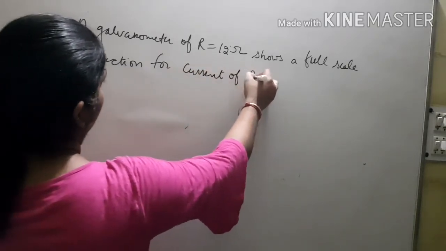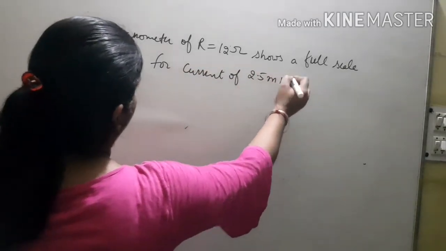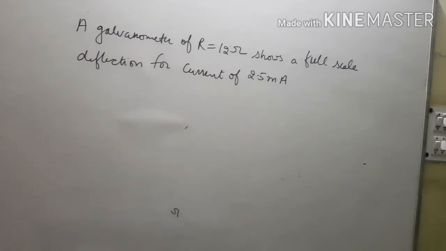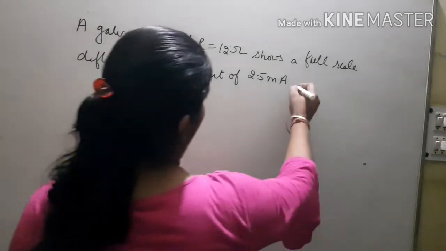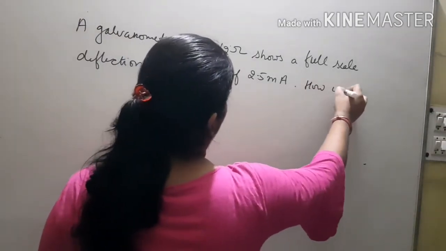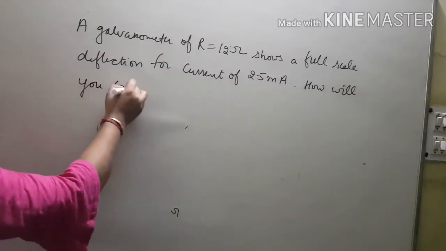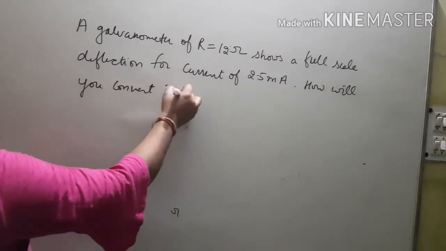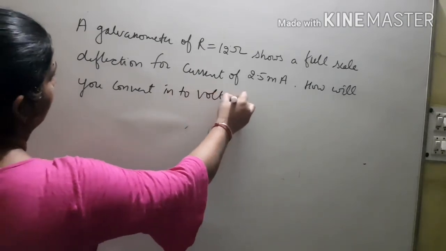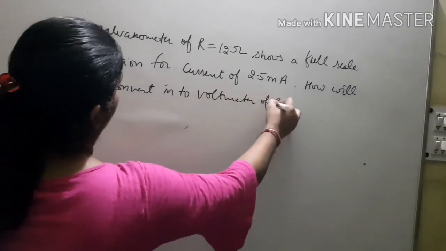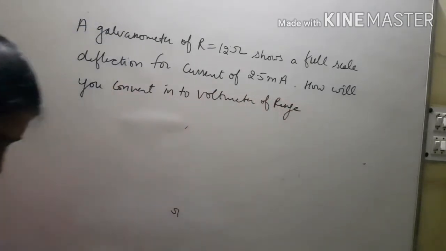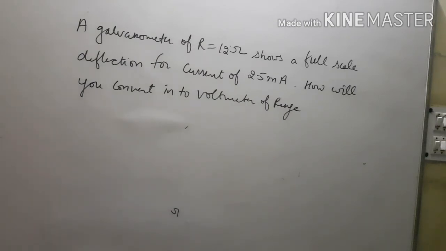How will you convert it into a voltmeter of range 7.5 volt?